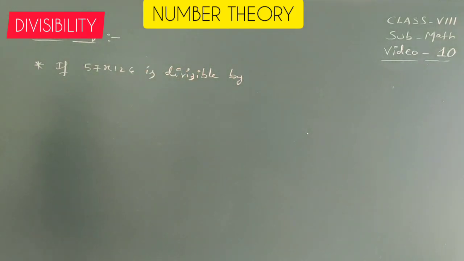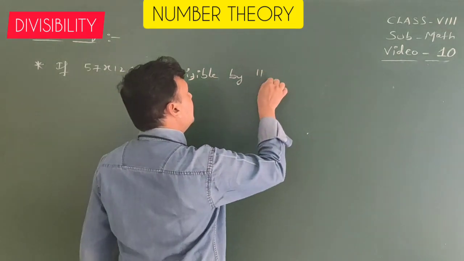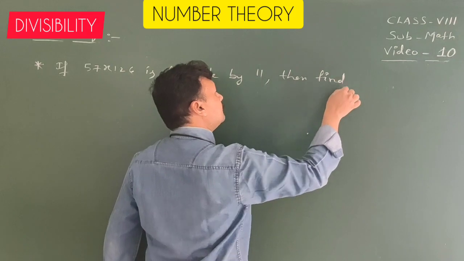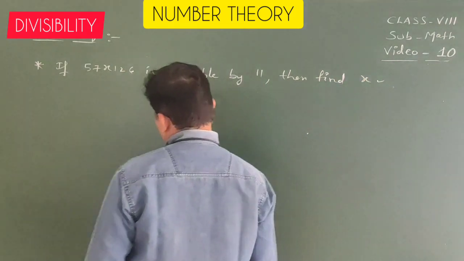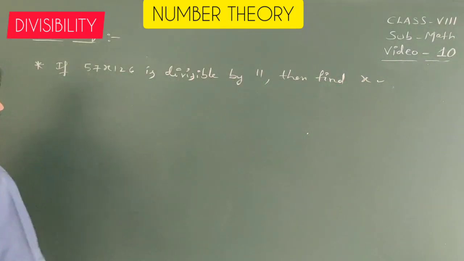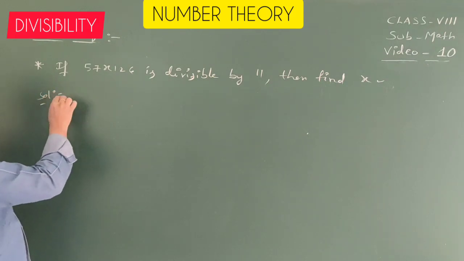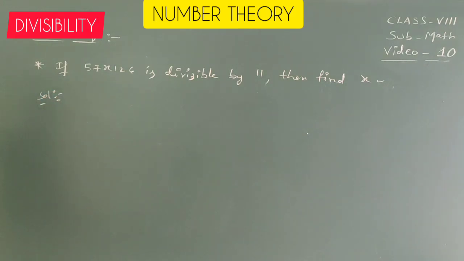If 5, 7, x, 1, 2, 6 is divisible by 11, then find x. How do we find the value of x? What is the divisibility rule of 11?